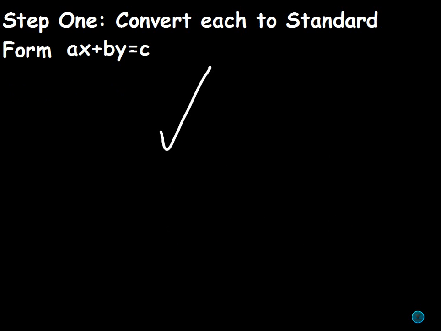Step 1. Make sure it's in standard form. I know that it already is, but I need you to write this down because when we get to some of the later questions on the worksheet, you have to do this step. Now, it needs to be in the form ax plus by equals c. Basically, a number times x plus a number times y equals another number.